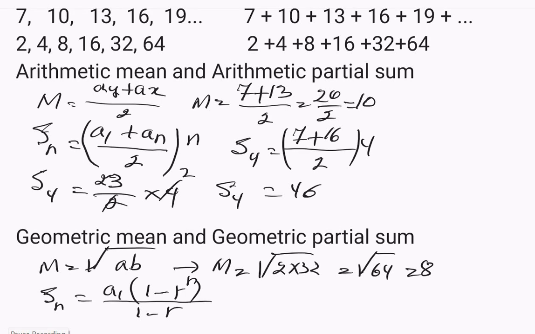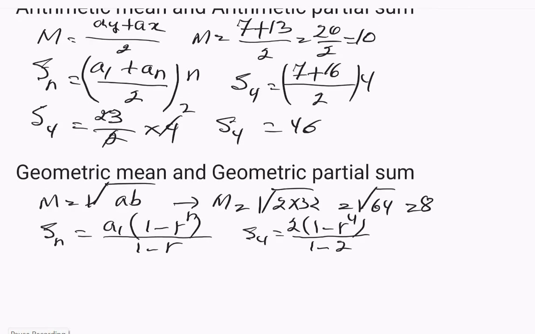If we want this partial sum for the first four terms, starting with 2 and ending with 16, we have S sub 4 equals a sub 1 times 1 minus r, which is 2 here, to the 4th, divided by 1 minus 2.